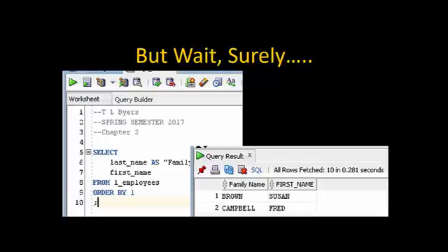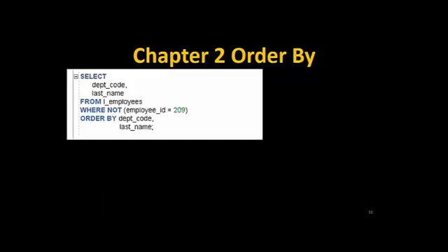All right. We're going to get into a little more detail with our order by. Now we've got a where not, so we're looking for all employee IDs except 209. And then we want to order by the department code and the last name. So what we're making is a department list alphabetically.